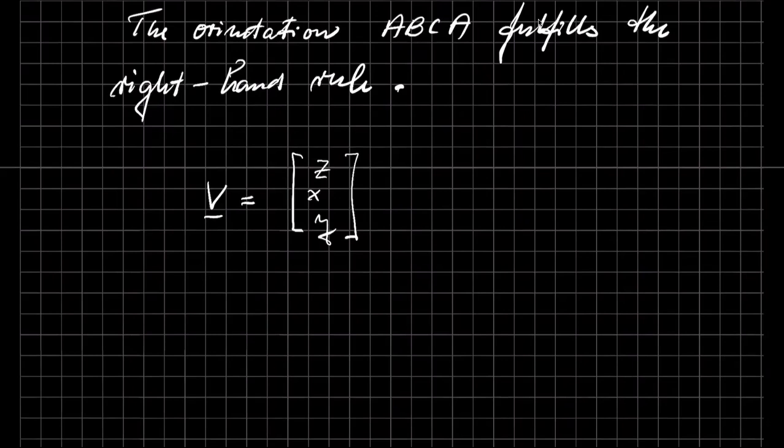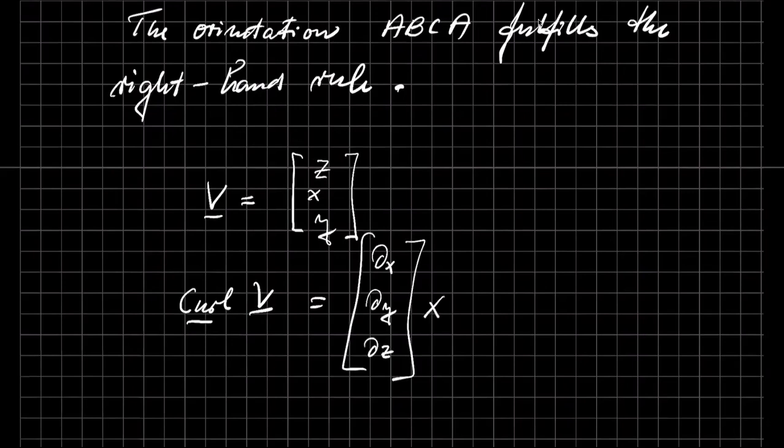I write here the curl of V, that is the nabla operator, with the short form notation d/dx, d/dy, d/dz, crossed with the vector field z, x, y.